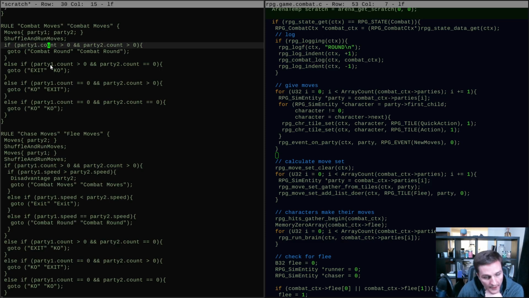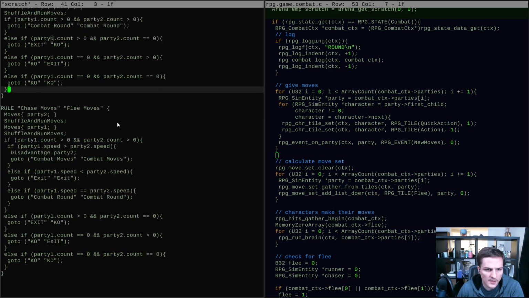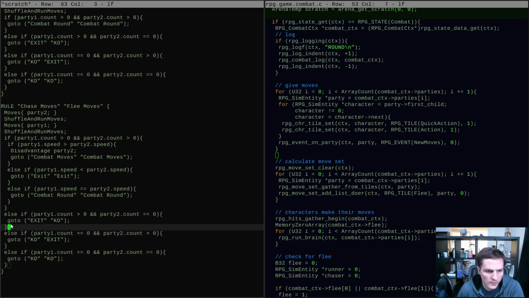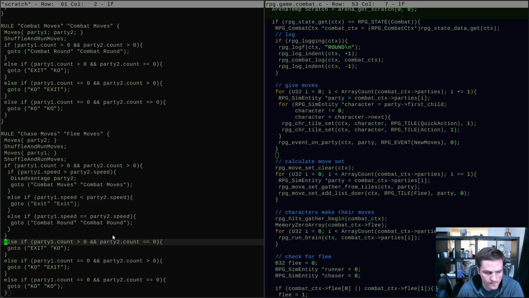What's basically happening is there's a handler for what happens when both parties are still alive. And that's different for each of these. But then there's the handlers that deal with one or both parties being gone, and those are the same.